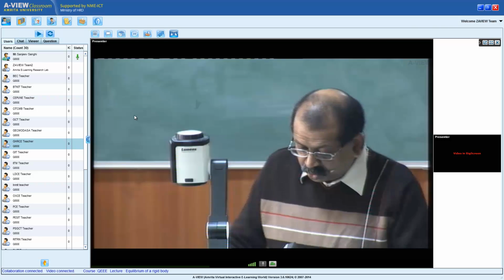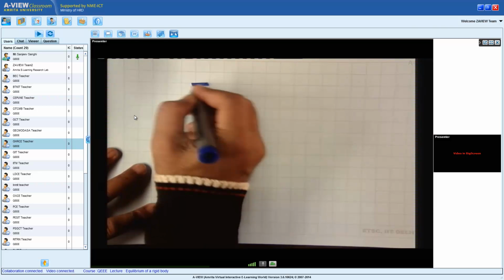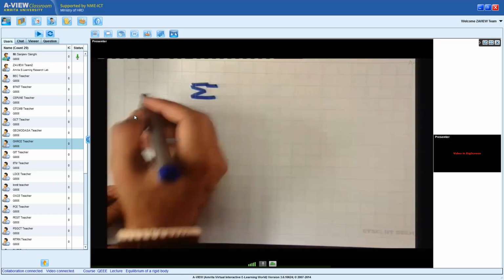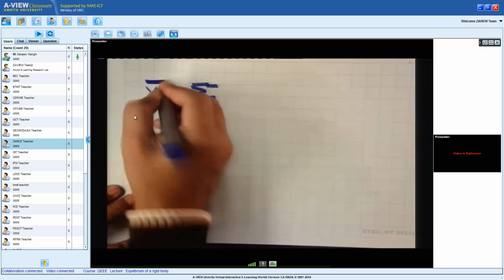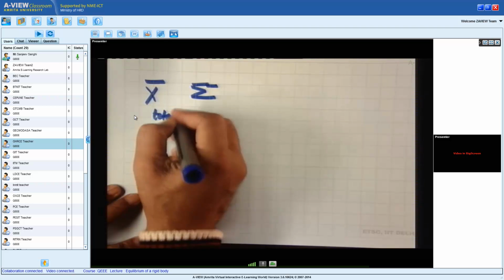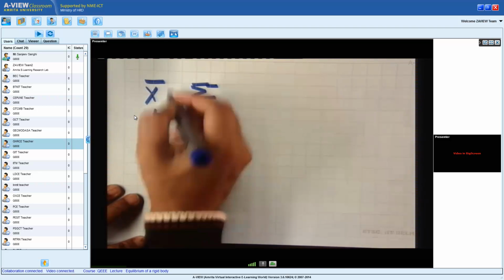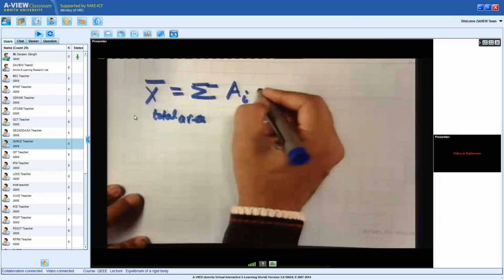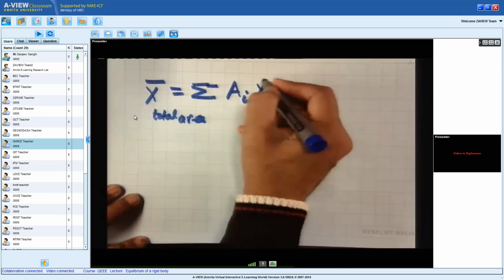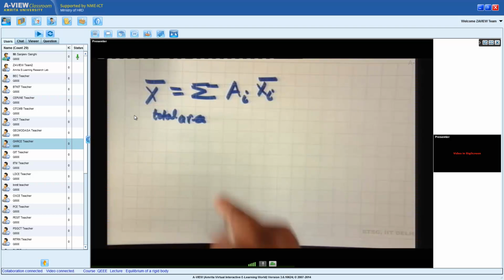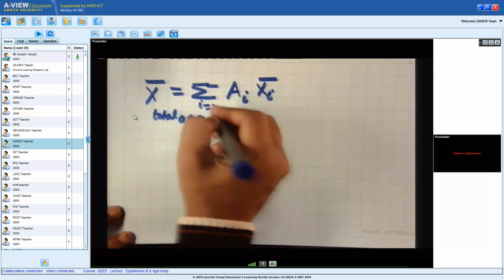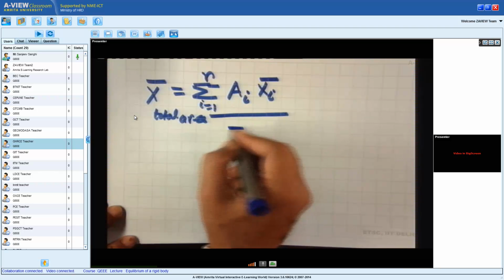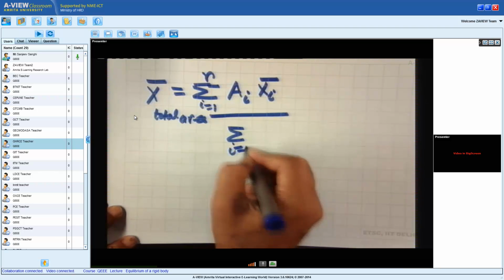This is a simple formula. The centroid of the total area, x bar for the total area, is equal to the summation of individual area times centroid of that area, i going from 1 to n, divided by the total area.